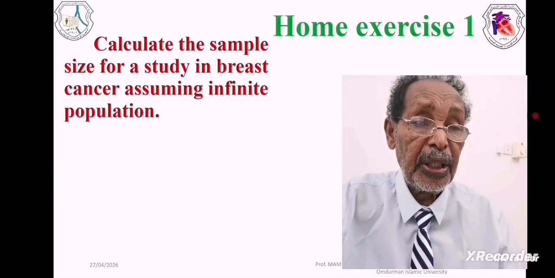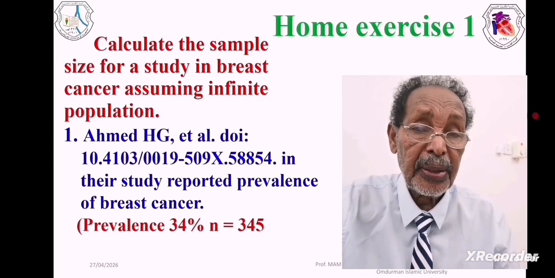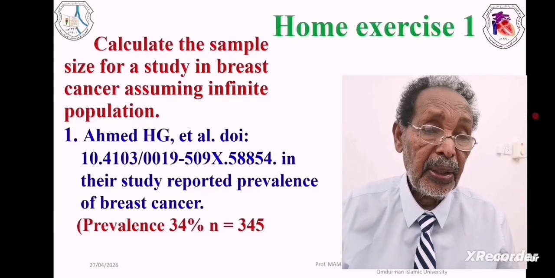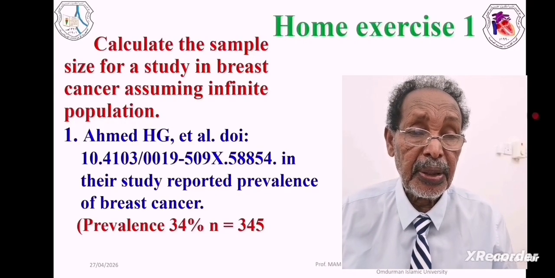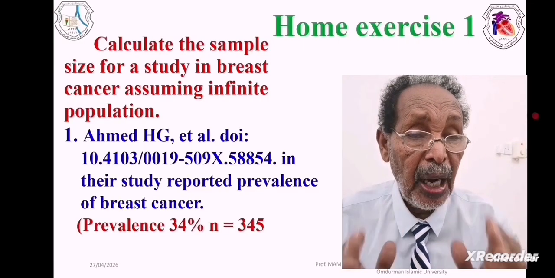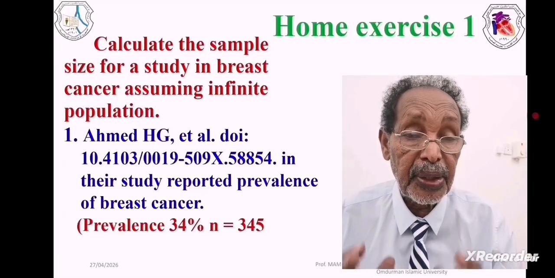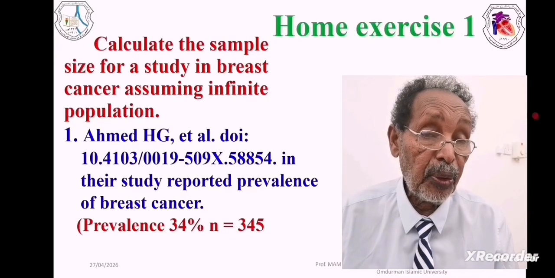If you search for a study, you will find the study of Dr. Ahmed. And if you would like to retrieve their manuscript, you can quote this digital object identifier here. And you will find that they found in their specialized breast clinic that the rate of breast cancer is 34%.